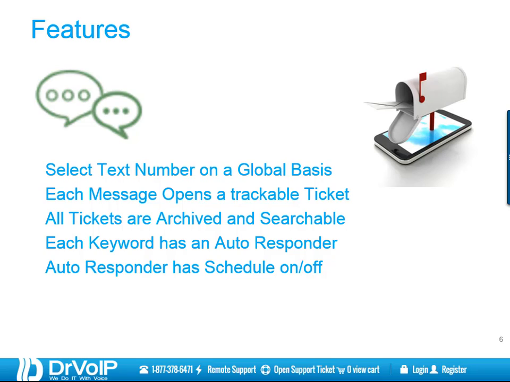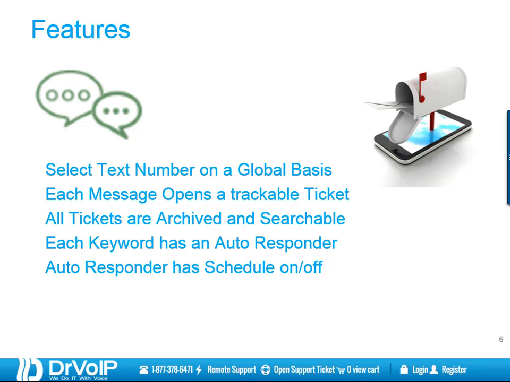Features: select your text number. Each message that comes in or out of your portal has a ticket number. That ticket number is archived and is searchable. You can search either by the ticket number or by the keyword, and you can associate an autoresponder with each keyword, and you can have a schedule on your autoresponder.